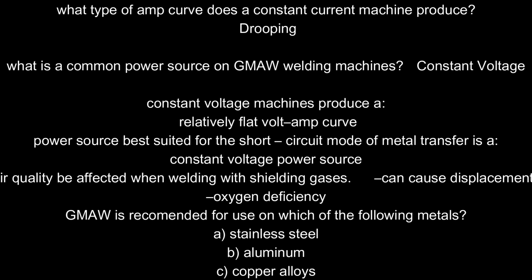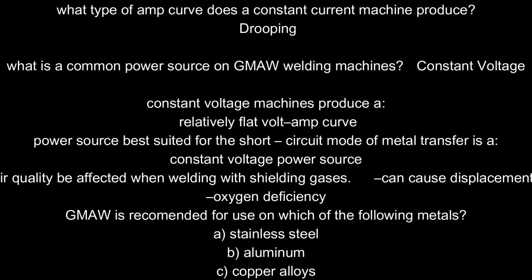Constant voltage machines produce a relatively flat volt-amp curve. The power source best suited for the short circuit mode of metal transfer is a constant voltage power source.